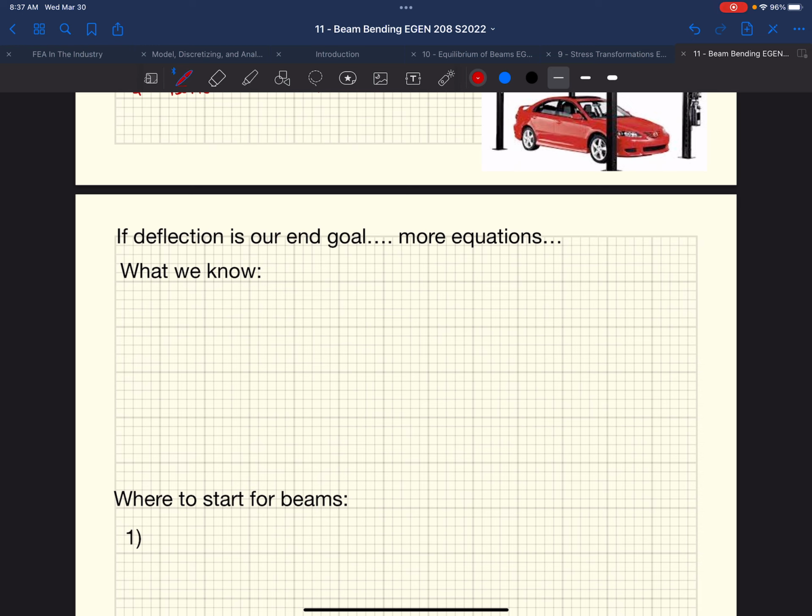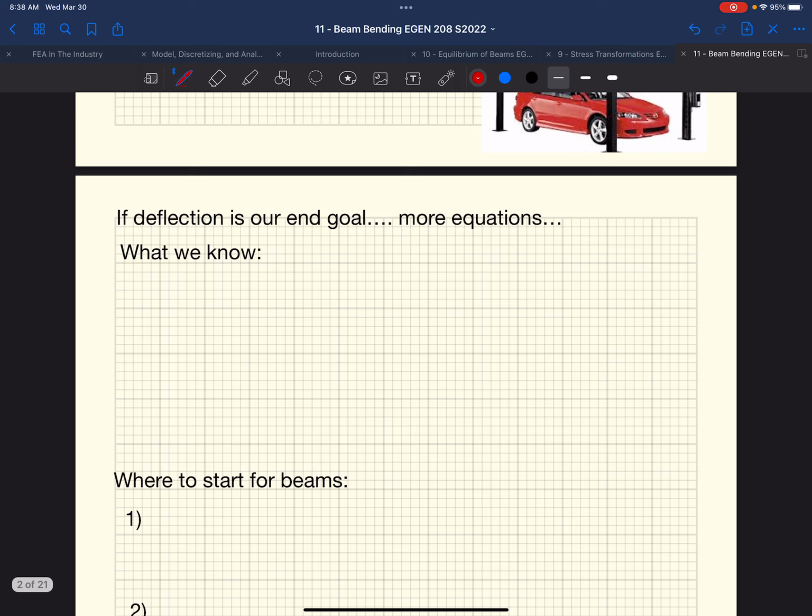Right? Well, ultimately, we want stresses, but as I mentioned before, deflections are a critical part of bending. It allows us additional equations, allows us to relate back to allowable displacements, and it gives us more equations, right? So what do we know so far? Well, if we step back to previous chapters and we look at axial systems, axial members, we had displacement equals FL over AE, right?